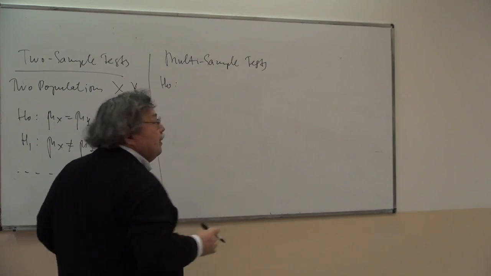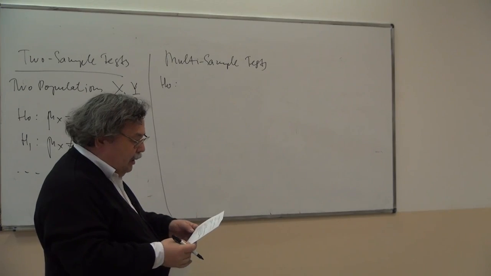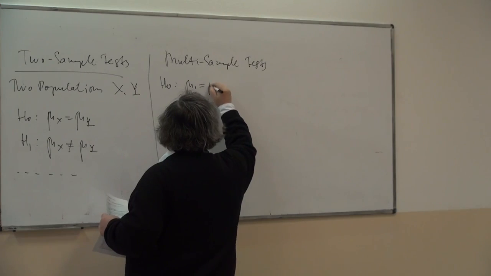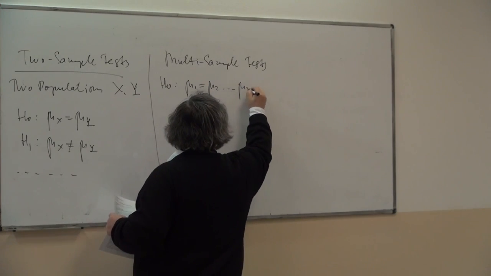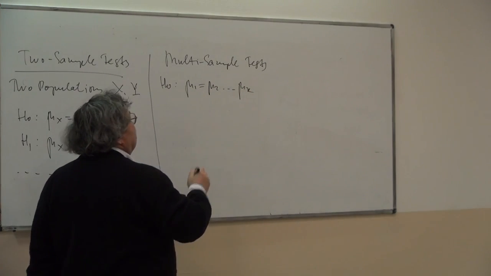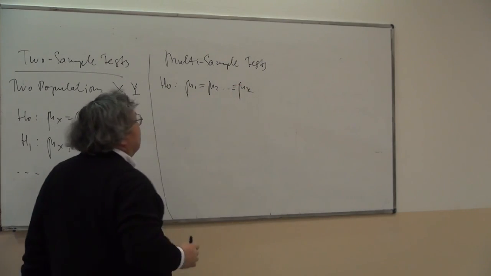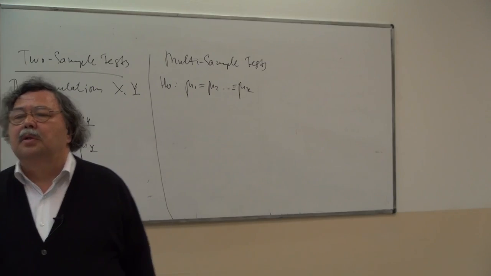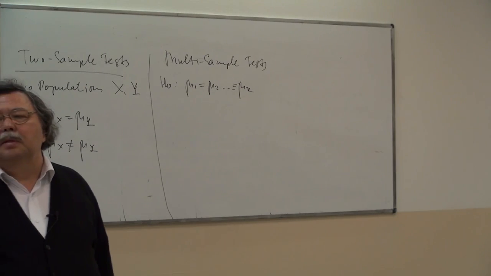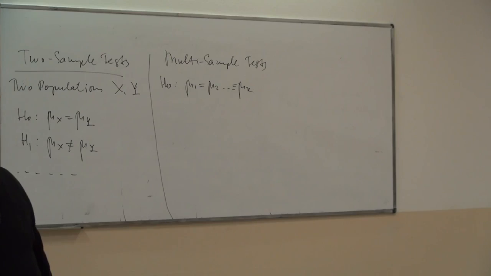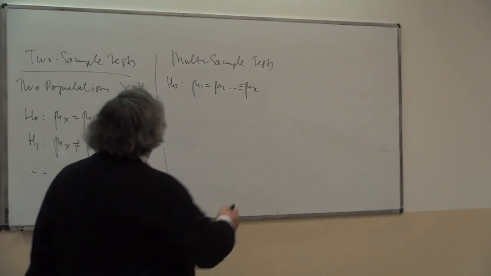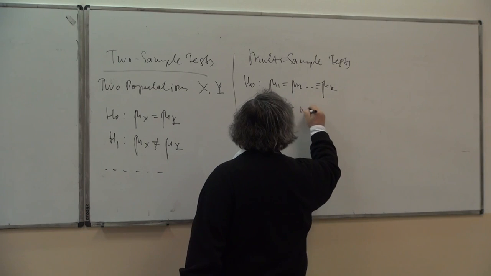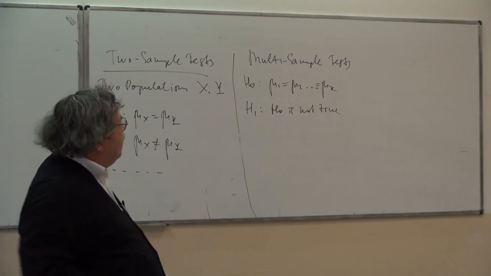Suppose you have not two, but a greater number of populations, and the null hypothesis can be this: is the mean the same in all these populations, or the alternative hypothesis is that the mean is not the same. H0 is not true.